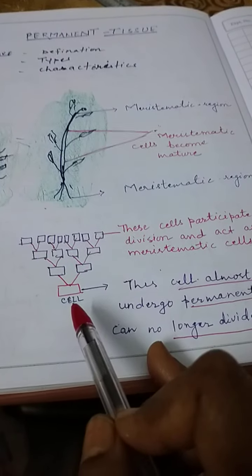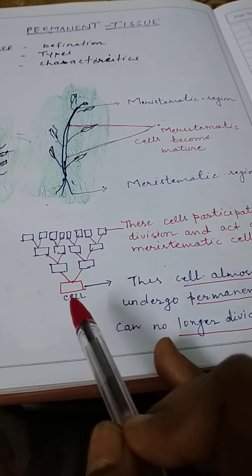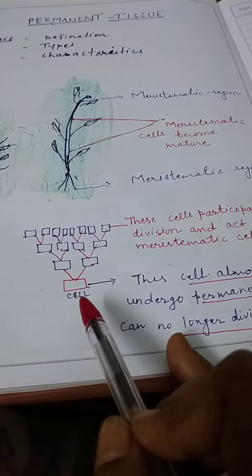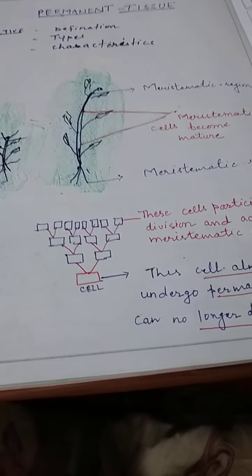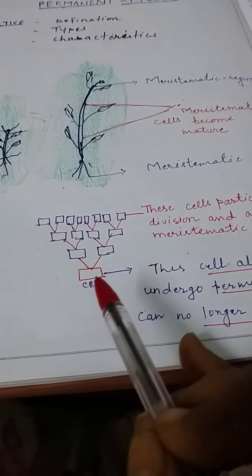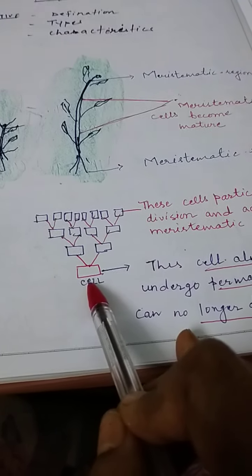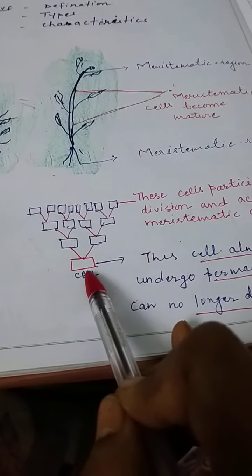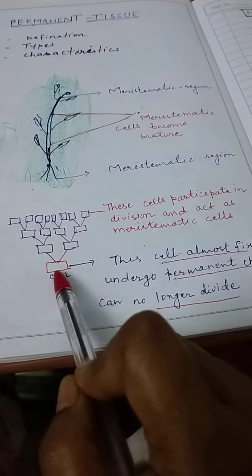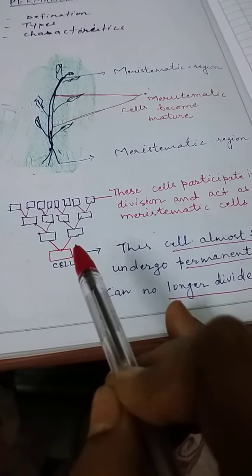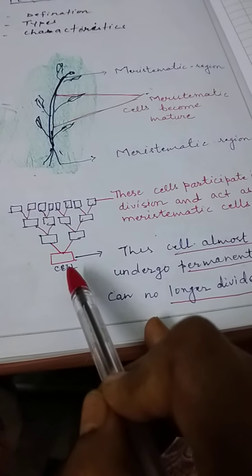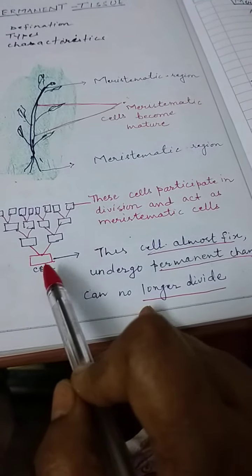But after some time, when meristematic tissue reaches its final stage of division, that means these cells, you can assume this cell, reach their final stage of division, they attain maturity.